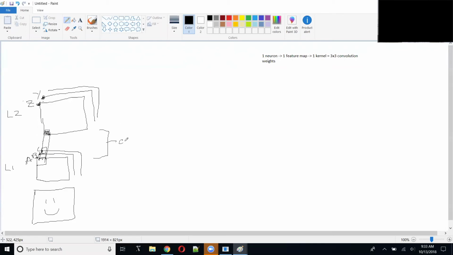It's connected to all the neurons here. I know that sounds weird, because it's only looking at a part of that feature map space, but since it's doing the convolution with all the neurons A, B, and C, it has to be connected to all those neurons.